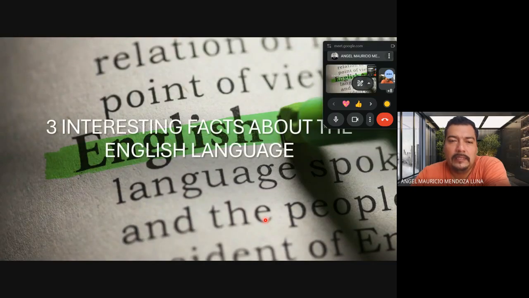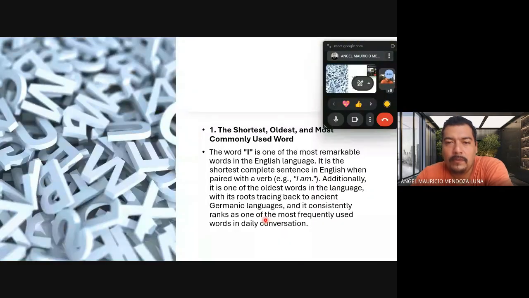But before, friends, let me just share with you three interesting facts about the English language we speak, right? The first one relies on the shortest, oldest, and most commonly used word, and the word is the personal pronoun I. The word I is one of the most remarkable words in the English language.